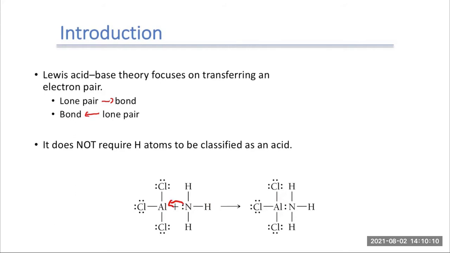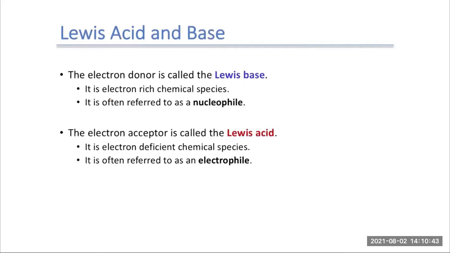So we can think the nitrogen is donating a lone pair to the aluminum, or the nitrogen is donating those electrons. And then the aluminum is accepting that pair of electrons from the nitrogen. And we'll see this idea of donating and accepting electron pairs a lot more later on.